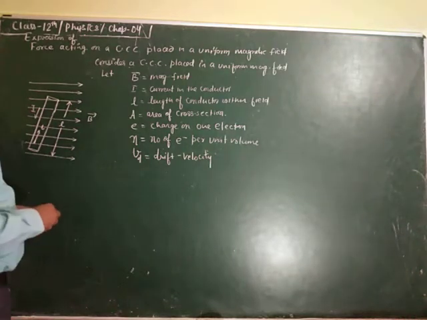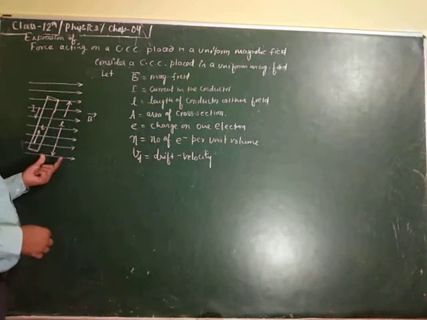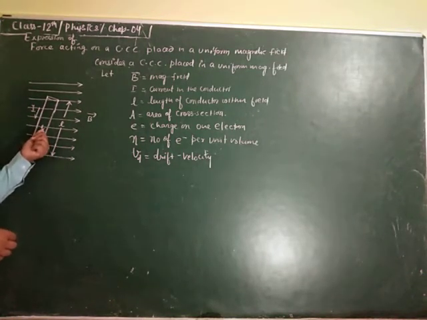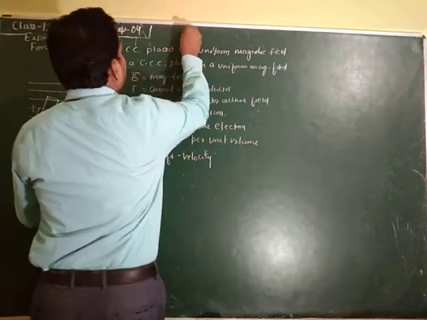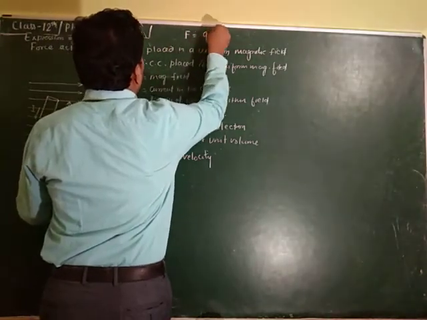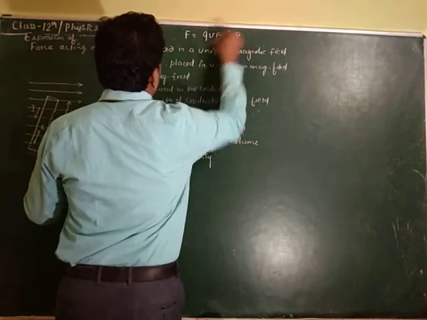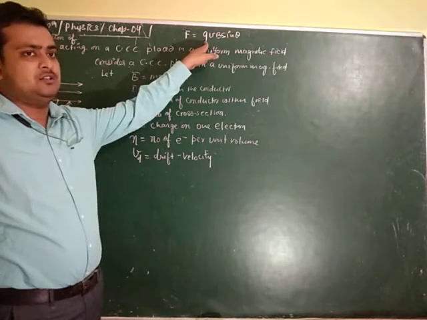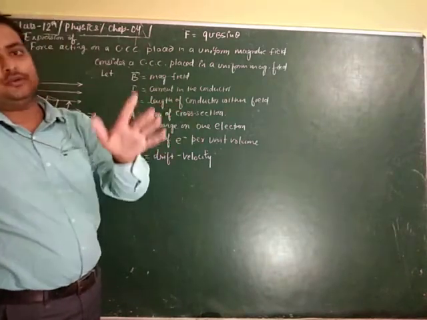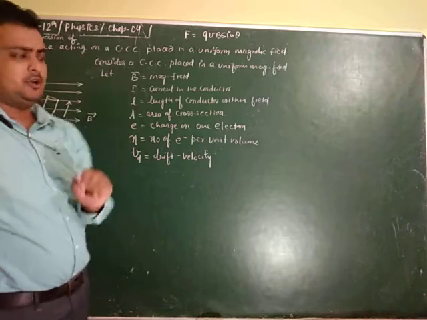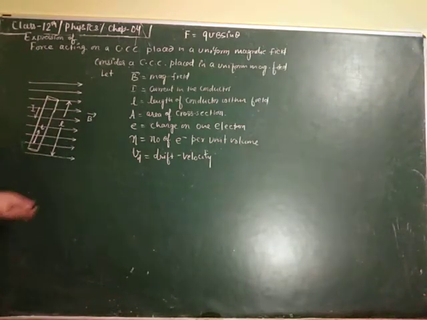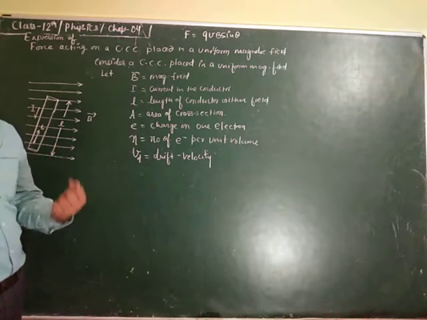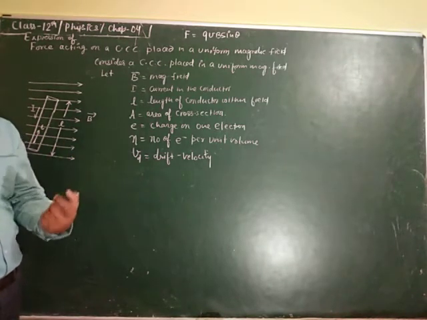So force is acting on this, and this force is because of the motion of charge. You have studied a very famous formula, force is equals to q v sine theta. What is q? q is the charge. If a charge is moving in a magnetic field, it will experience a force. But here the conductor is experiencing the force. Why? Because the conductor is made up of electrons.